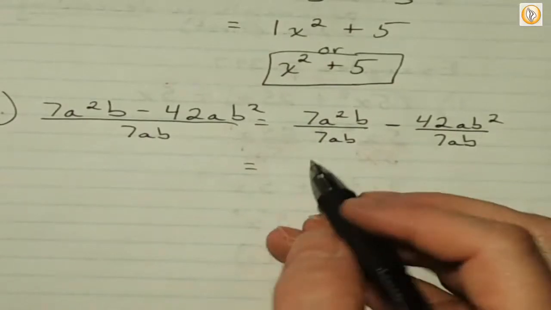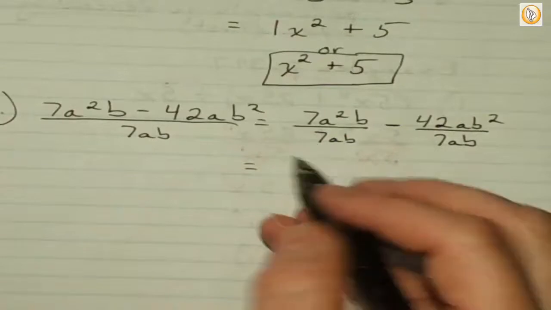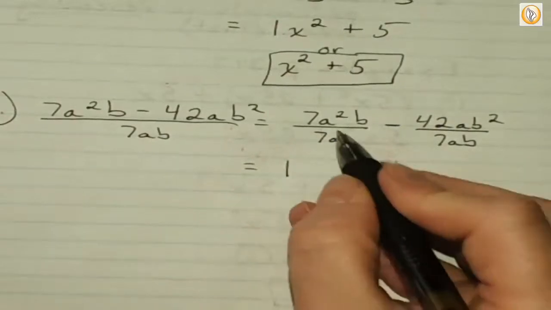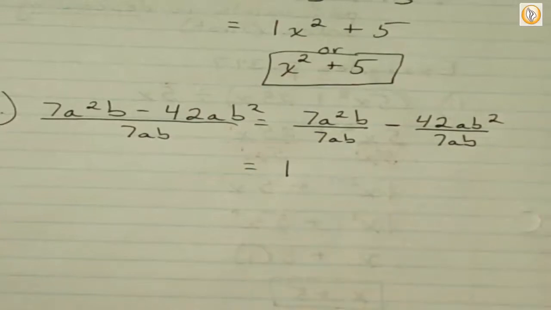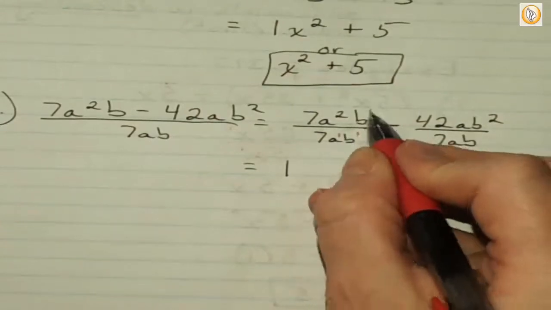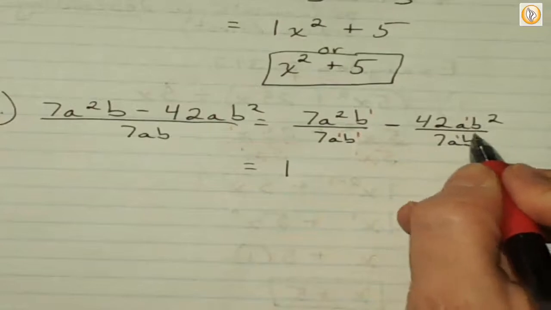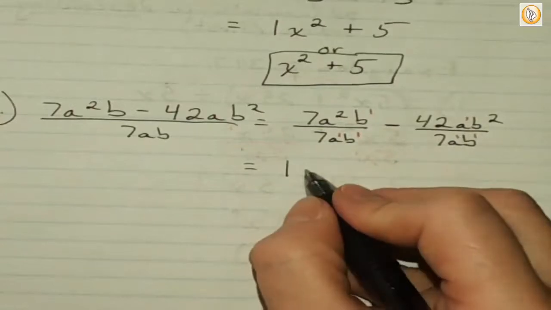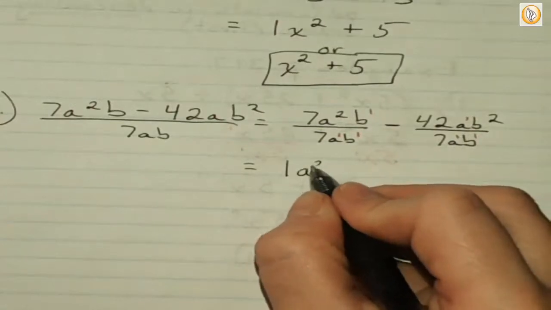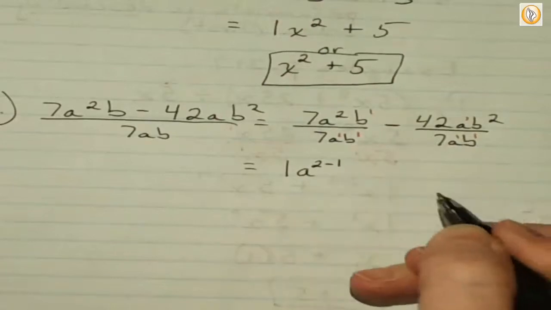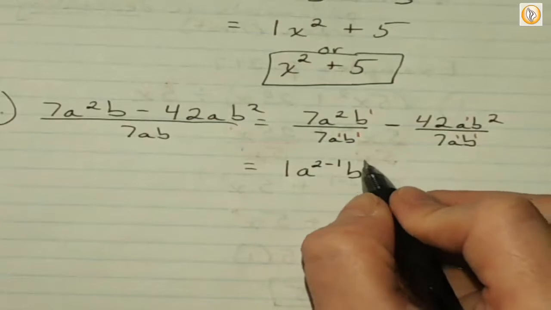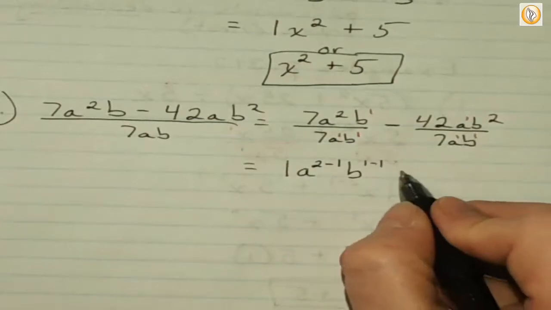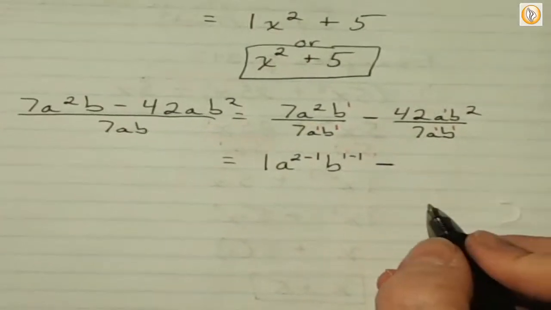Then you divide. 7 divided by 7 is 1. a squared divided by a to the power 1. Put little imaginary 1s here, because it's a 2 minus 1. And then what's b? b, 1 minus 1. We'll figure that out later.